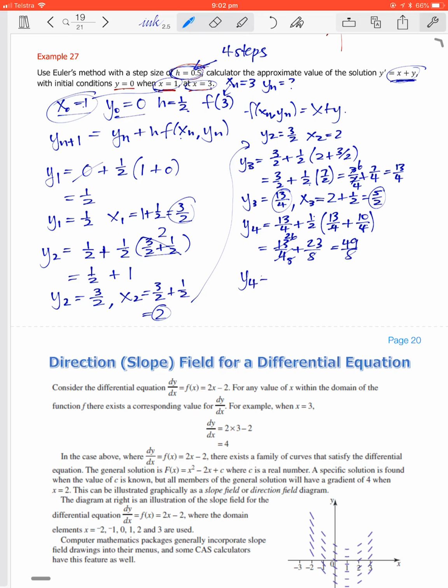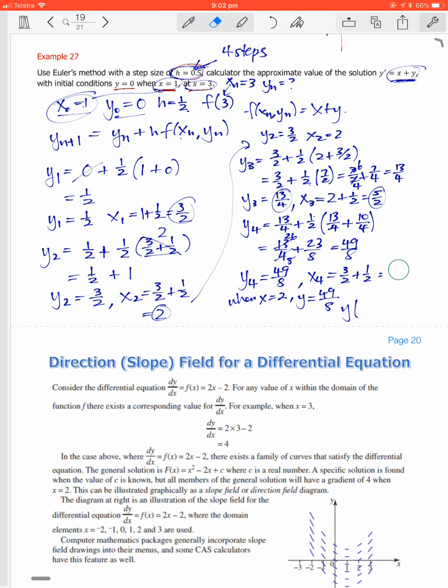x4 is equal to my previous x value, which is 3 on 2, plus a half, which in this case is 2. So when x equals 2, y equals 49 on 8. So that's our approximate value for y.